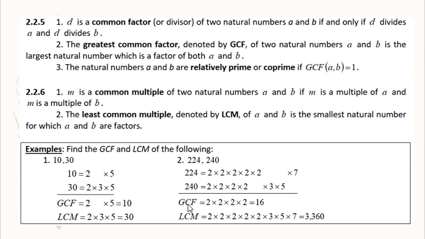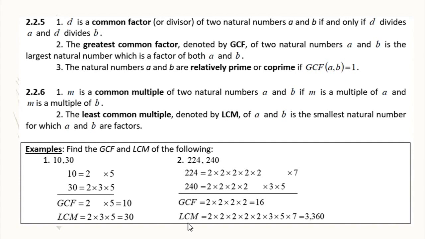So, again, in finding the GCF, i-bring down na nato ang common. So, ang common lang, 2 times 2 times 2 times 2 is 16. So, the GCF of 224 and 240 is 16.